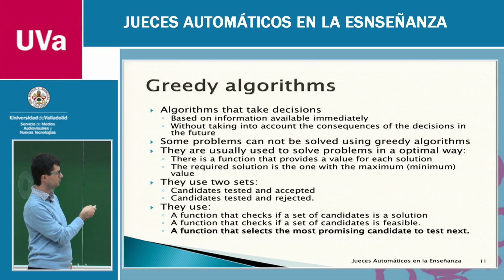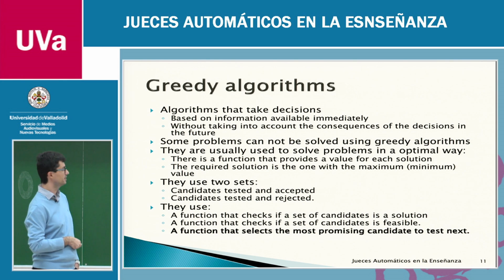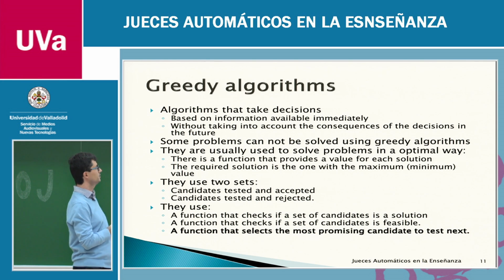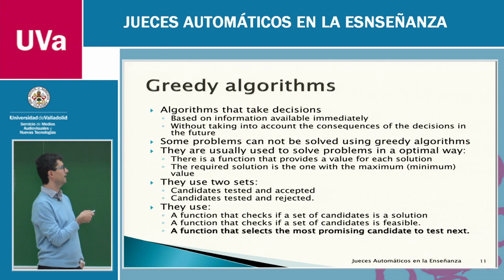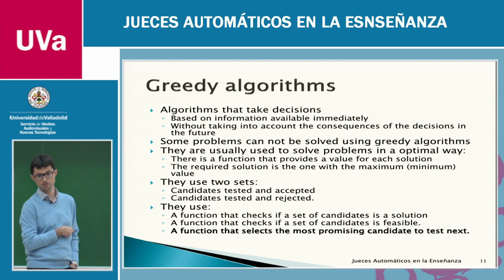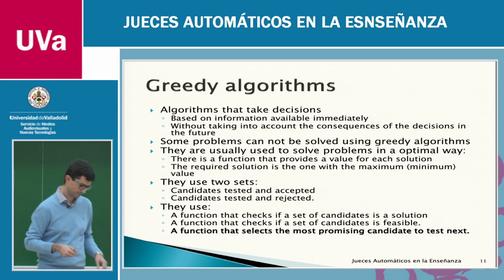Without taking into account the future, they take the decision and go on. There are some problems that are suitable for this kind of solution and can be solved. Others are not. If you use this, sometimes you end up in a solution that is not optimal. So you are not finding the proper solution.